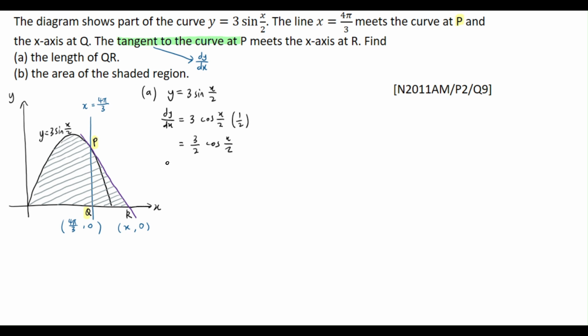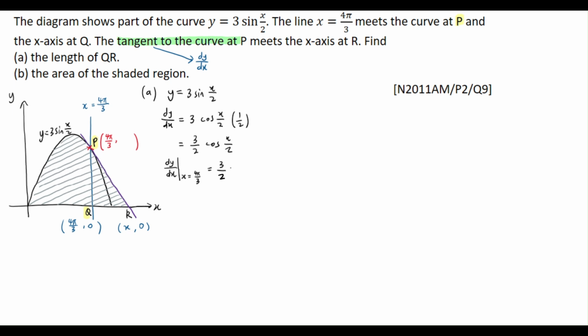So in this case, I'm finding dy dx at a specific point. At which point are we talking about? This purple tangent is at a specific point P, where point P has an x coordinate of 4 pi over 3 because it lies on the blue line. So therefore, I'm looking at the tangent at 4 pi over 3.